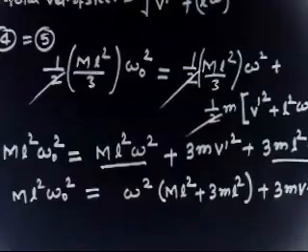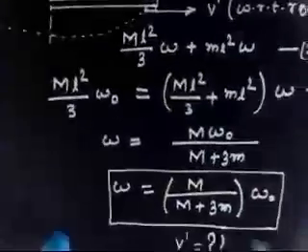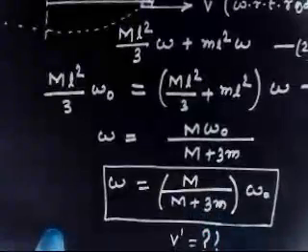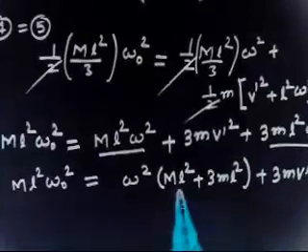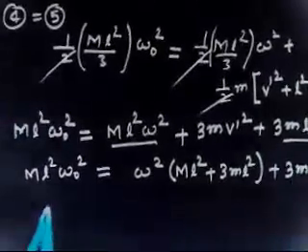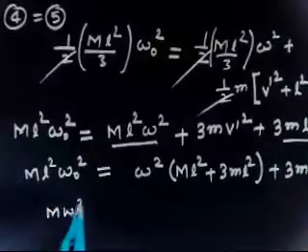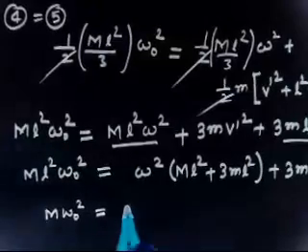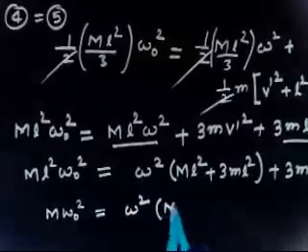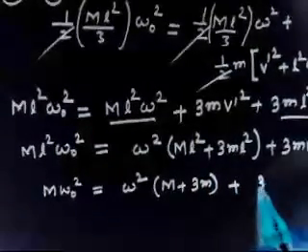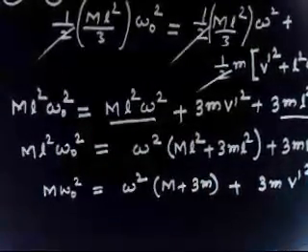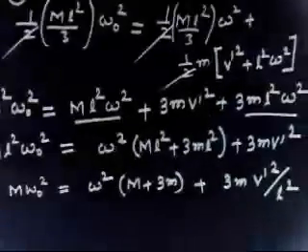If you see, this omega is m by m plus 3m into omega naught. I can plug this value. Let us cancel the L square term also. So I will have m omega naught whole square is equal to omega square into m plus 3m plus 3m v dash whole square by L square, because I have divided by L square.